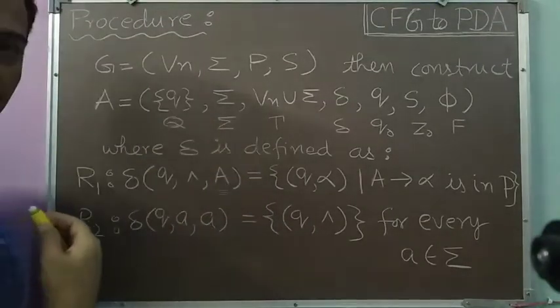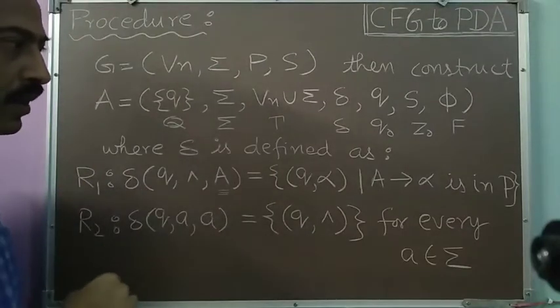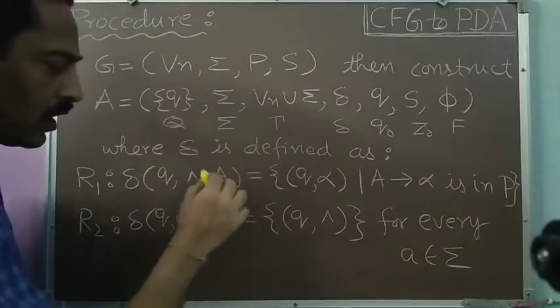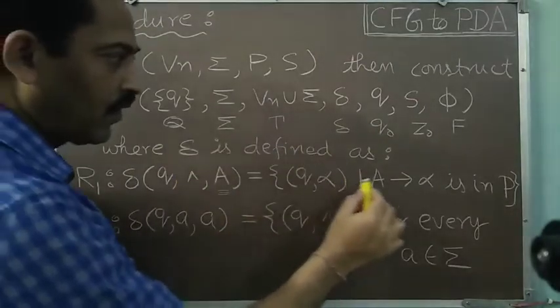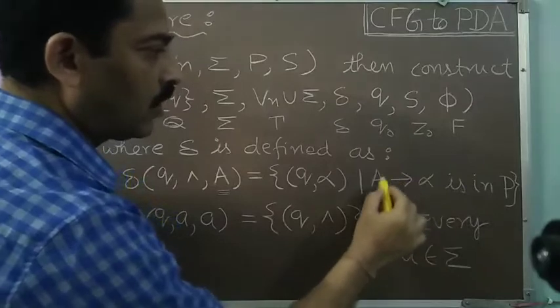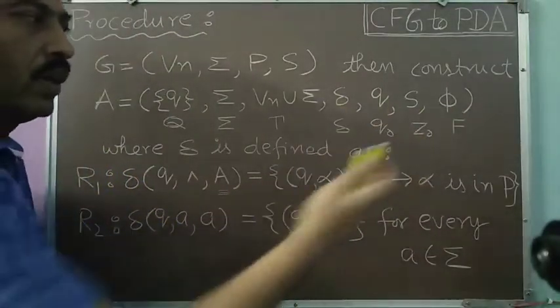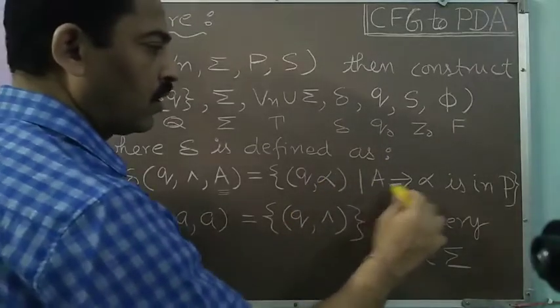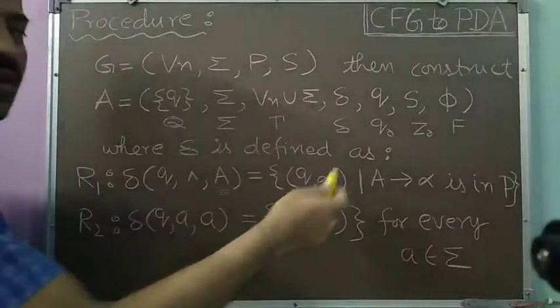We will not take anything from the input, rather we will take a null move. By taking this null move, we remove this A and add alpha, which is the right-hand side of any A production. So we will look at all the A productions, and the right-hand side of one such production we will push over the push-down store.